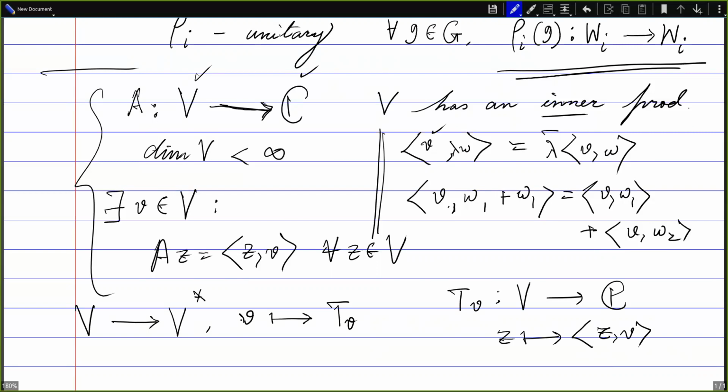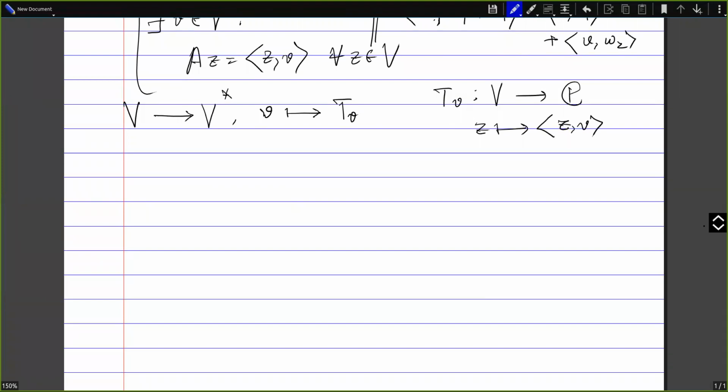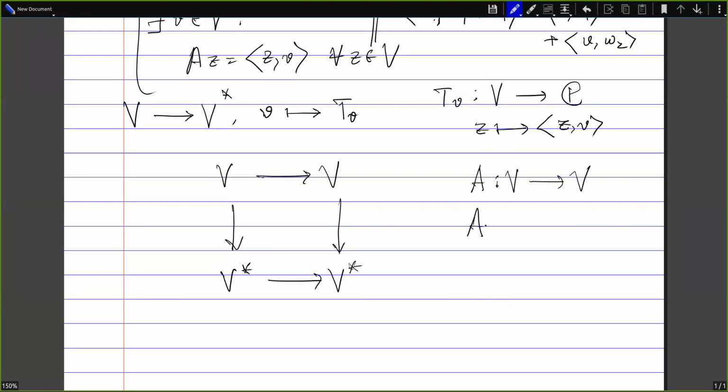So what is the scenario? The scenario now becomes the following: we have a map from V to V star. I will shortly see the reason for drawing this diagram. Recall that if A is a linear map from V to V, then A star is the linear map from V star to V star.